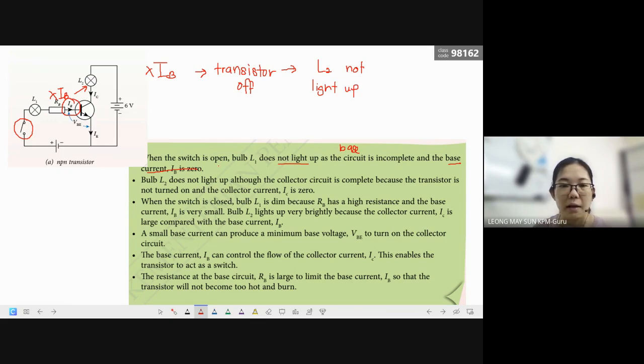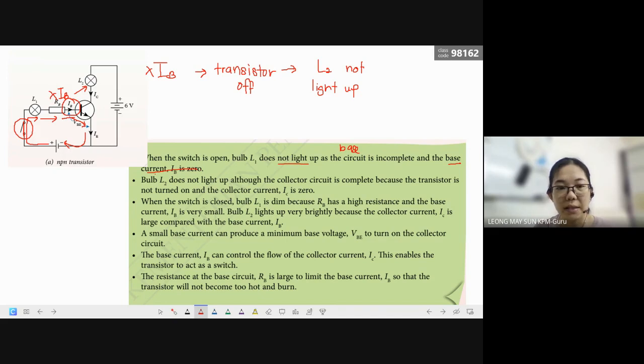Now when you close the switch, current from the base battery will flow through L1, passing through the resistor, and then flow from base towards emitter, coming back to the negative terminal.